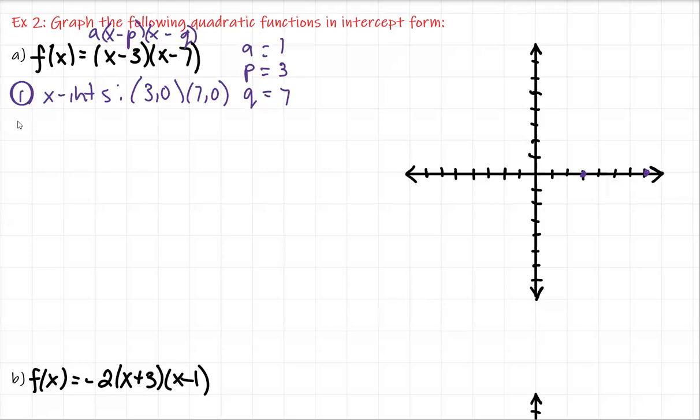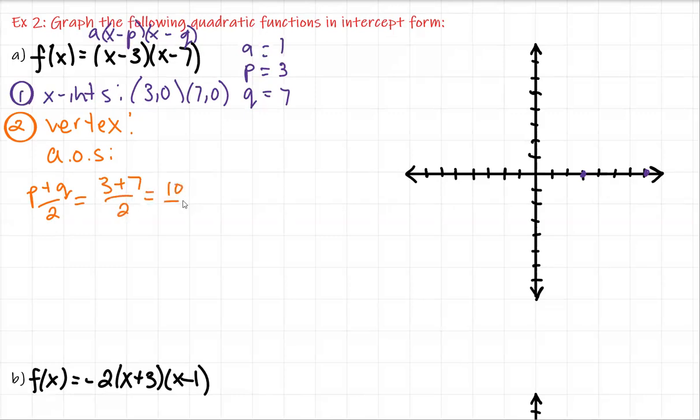Okay, now our next step is to find the vertex. And then, just like last time, in one swoop, we can find the vertex and the axis of symmetry. All right, so we do that, remember, by doing our P plus Q over 2. So what is that? That's 3 plus 7 over 2, 10 over 2, 5.